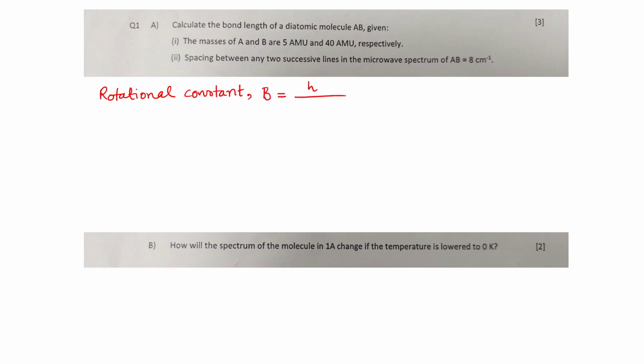So you know what B is? It's h over 8 pi square mu r square c, right? So here, what are the things given? We can calculate mu. Mu is m1 m2 by m1 plus m2, which would be 5 into 40 divided by 45, in AMU.